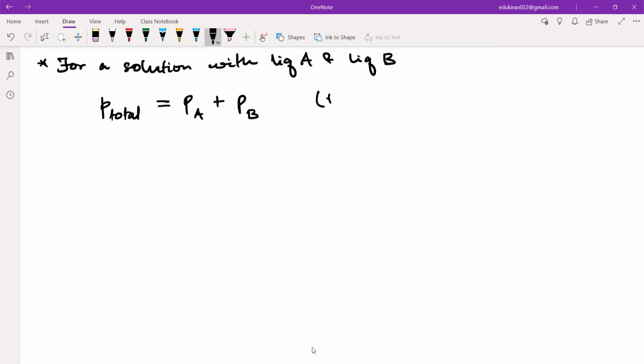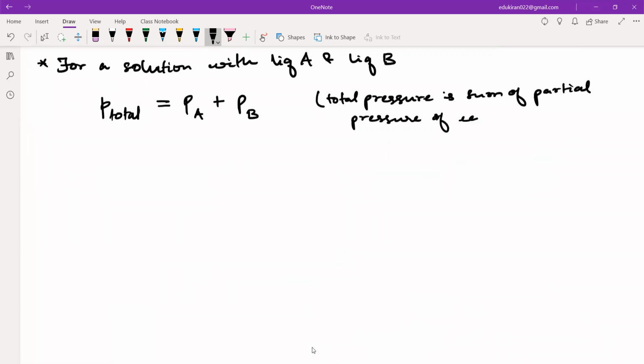Total pressure is the sum of partial pressure of each component.